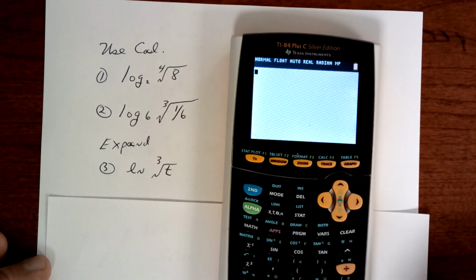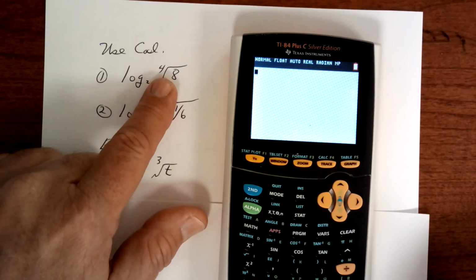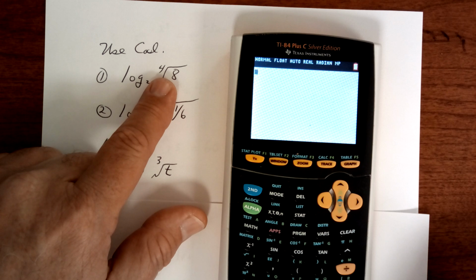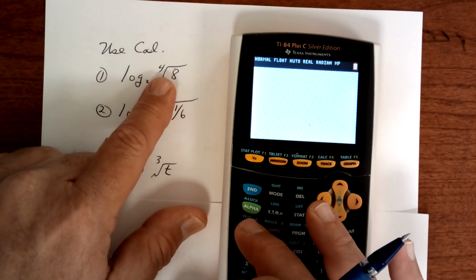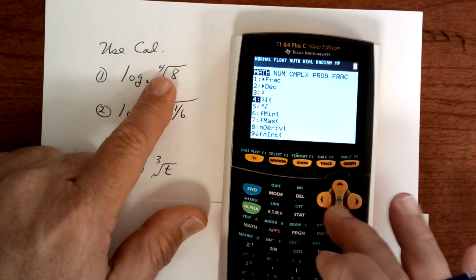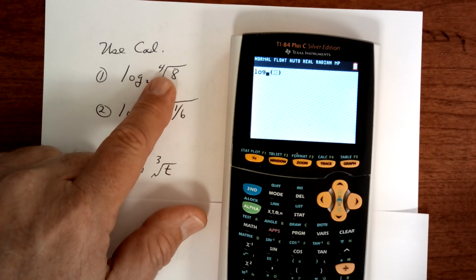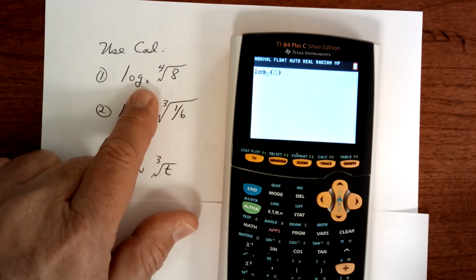Okay? Now you want to do the fourth root. Now that might be underneath the... first go to the Math key, and then go down to like number 11. Right there. Press enter. Okay? So we want base 2, so put a 2, and then hit the right arrow.